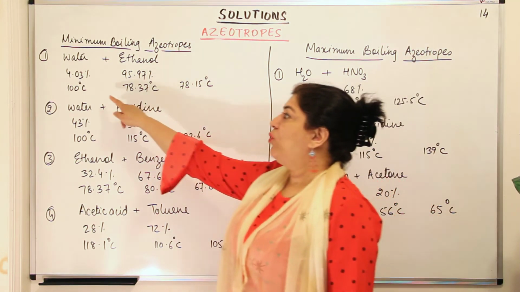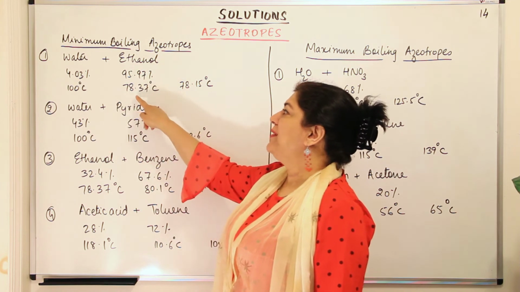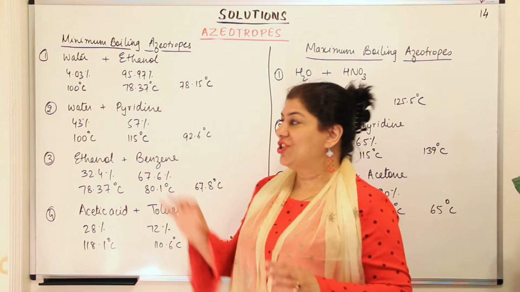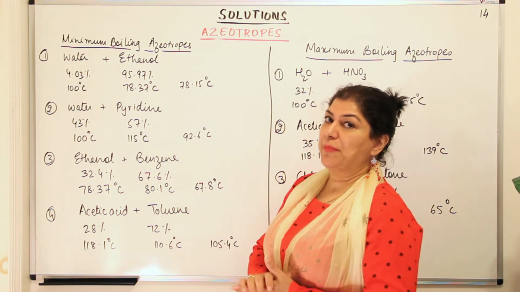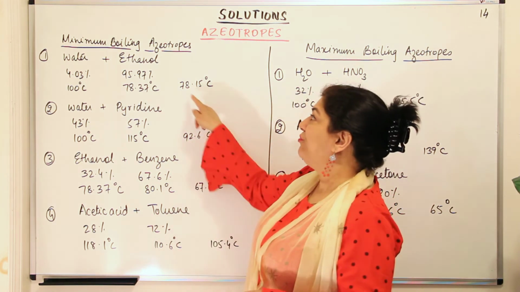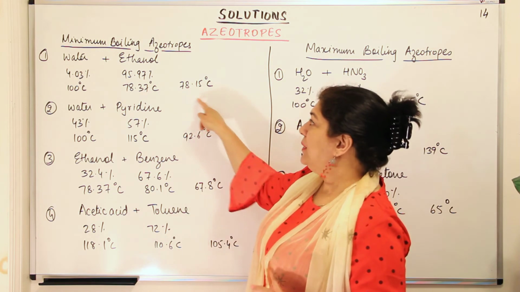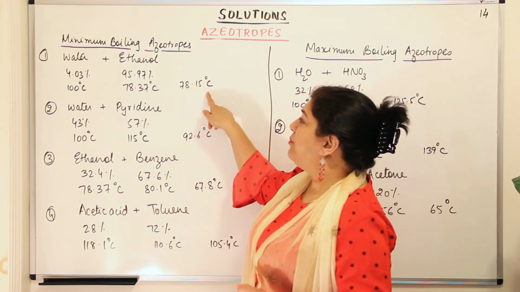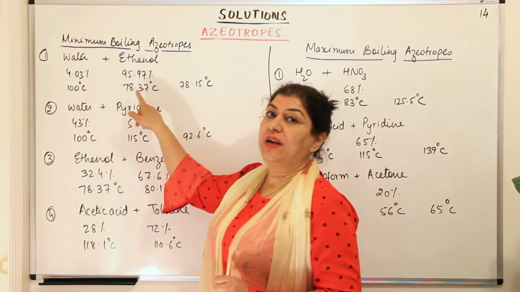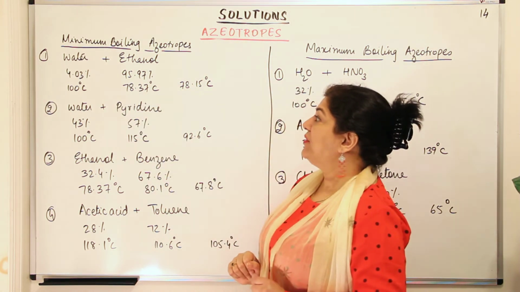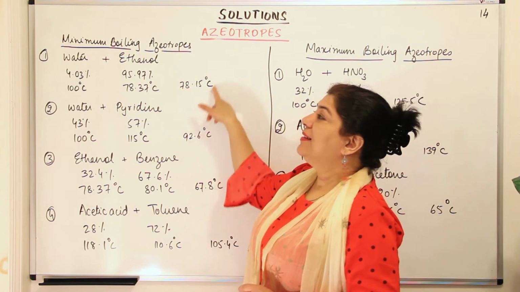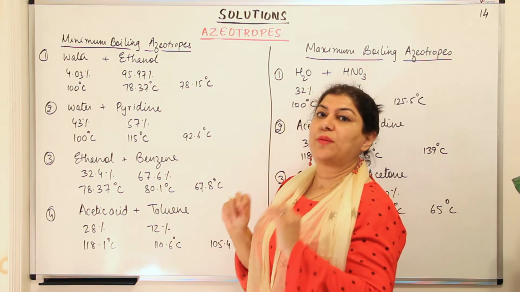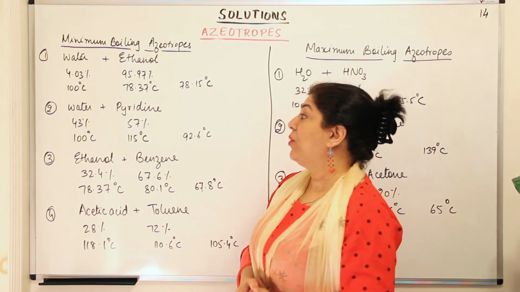The boiling point of water is 100 degrees Celsius and ethanol is 78.37 degrees Celsius, and what you need to pay attention to in all these examples is the boiling point of the mixture. The mixture is 78.15. Do you notice that 78.15 is less than both 100 degrees and 78.37, which means that the azeotrope boils at a temperature which is lower than the boiling point of either of the components.